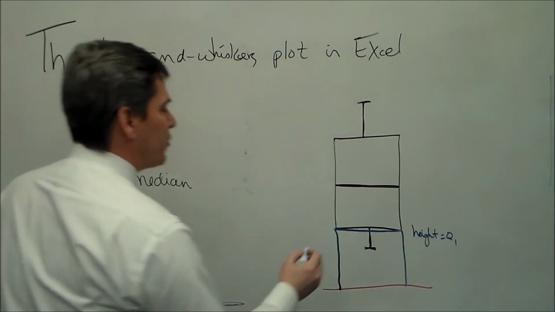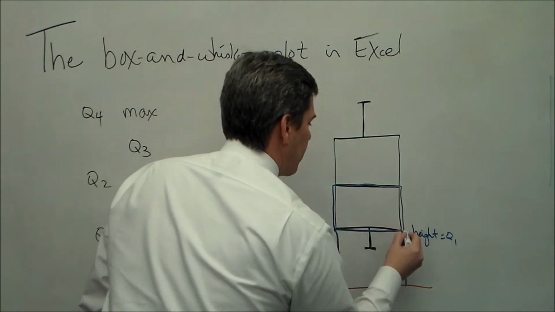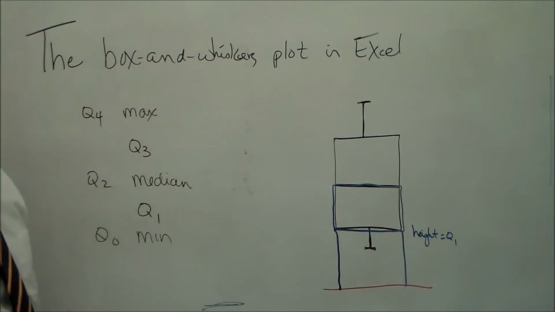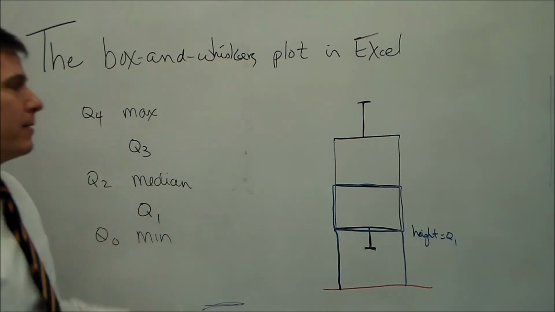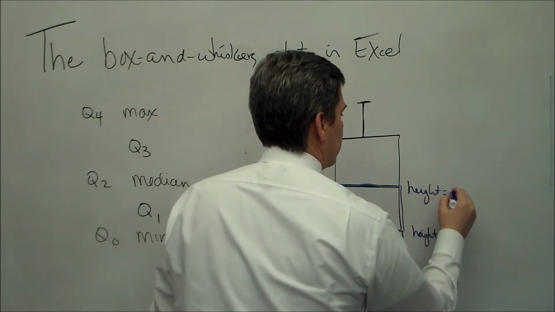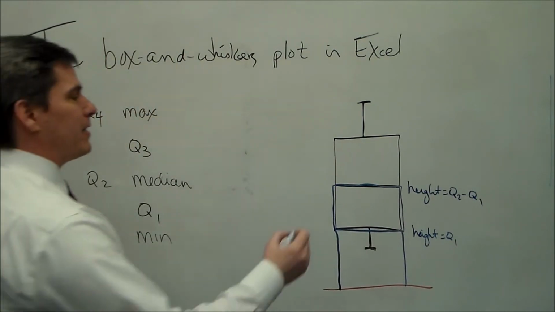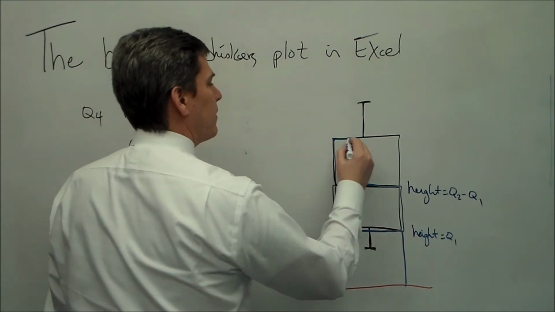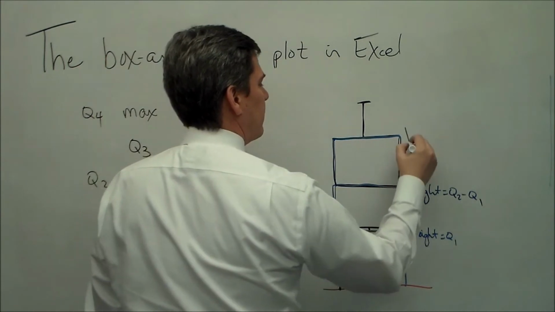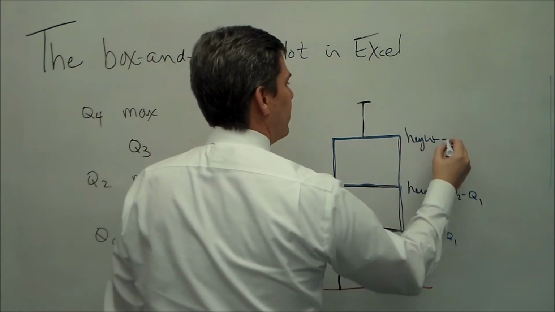The second box you're going to draw is this box. The height of that box is Q2, the median, minus Q1. The height of this third box is Q3 minus Q2.